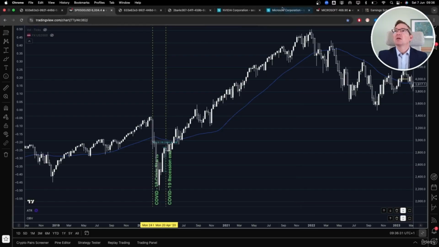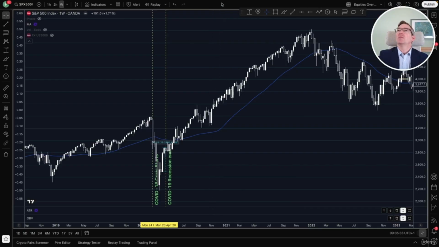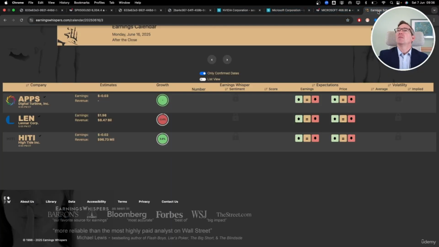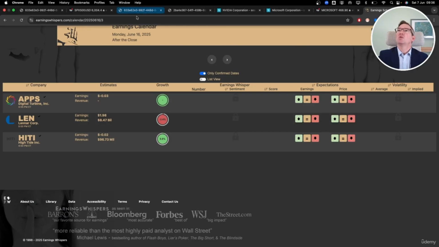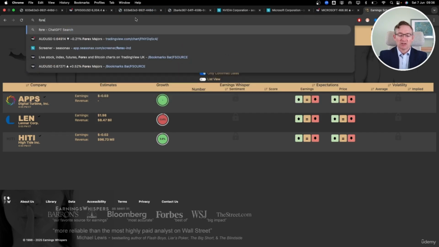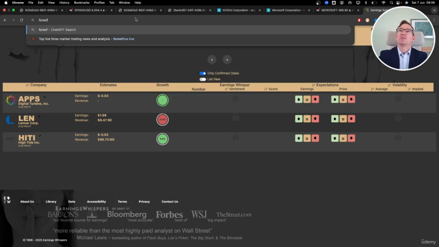If you're swing trading, I have pointed out the main events for you to be looking out for. And the key thing is just to be aware of them and where to find them. So, if you're looking at earnings, you can go to Earnings Whispers. If you want to see important calendar events, then look at something like Forex Factory.